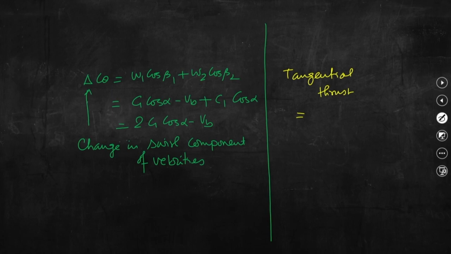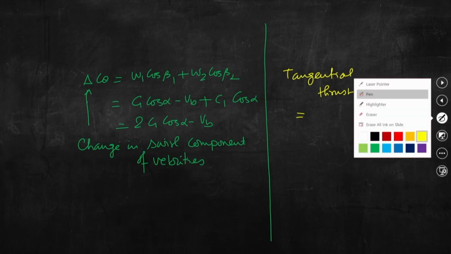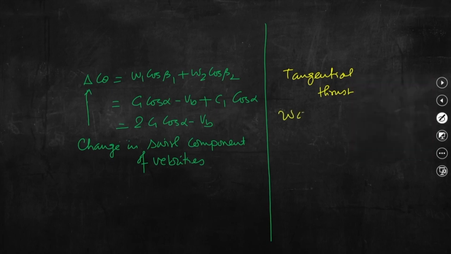So, from there we also can calculate what would be the work transfer or diagram work. So, basically the work transfer is equal to delta C theta into V b, right. So, this is work transfer or blade or diagram work.